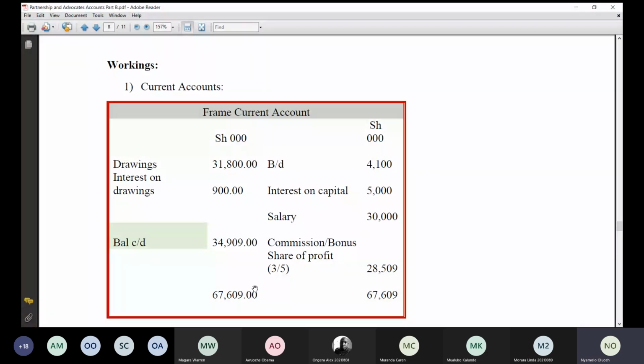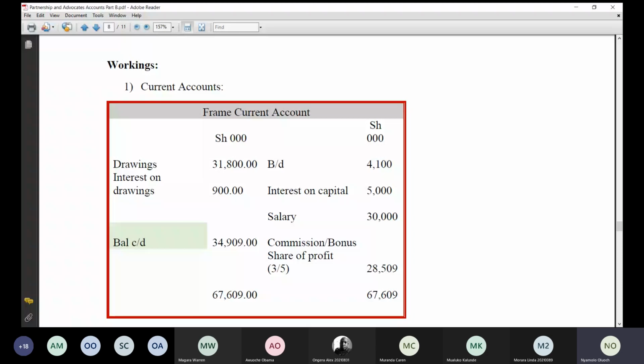The final figure that would go to our balance sheet is this 34,909. So our balance brought down for frame, we were told, is 4,100. We paid him interest on capital of 5,000, and we paid him a salary of 30,000. And the share of profit was 3/5 of that 45,717. And so then that is 28,549.